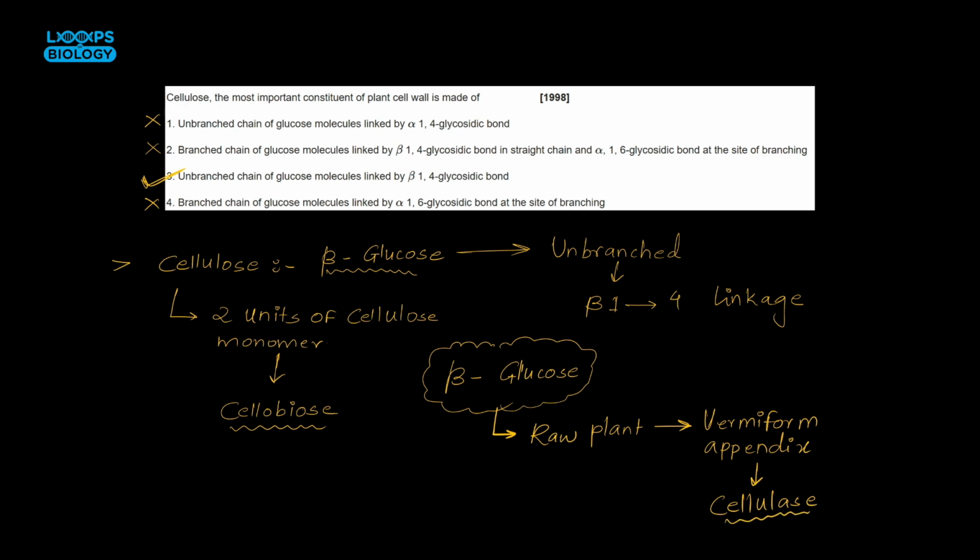For digestion of cellulose inside our body, if I eat the plant in its raw form, there is a need for the vermiform appendix, because cellulose has to get degraded, otherwise we won't be able to digest it. That work used to be done by the vermiform appendix. Now it is a vestigial organ. I don't think anyone is going to eat raw paper or pages of a book as food, right?